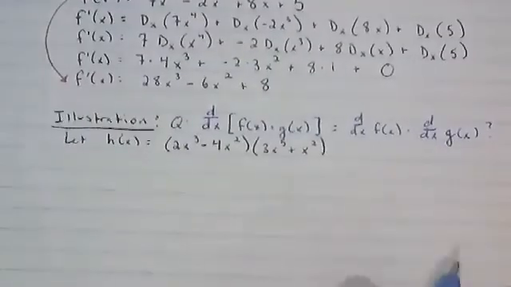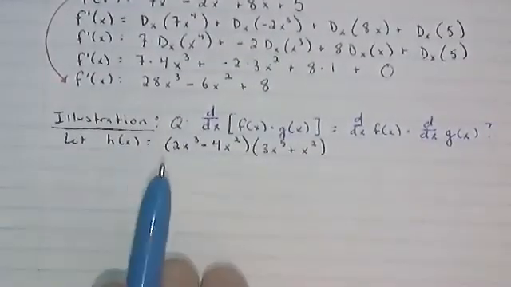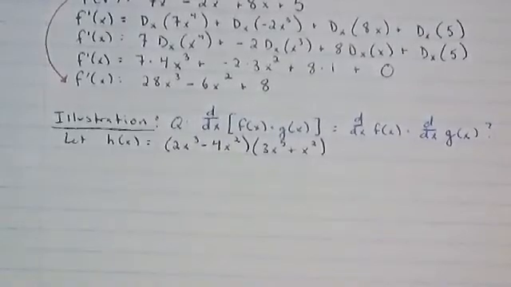Now, real talk, if you're ever walking down the street and you bump into a function that looks like h, and I'm telling you, you need to find the derivative of h, here's what you should do.